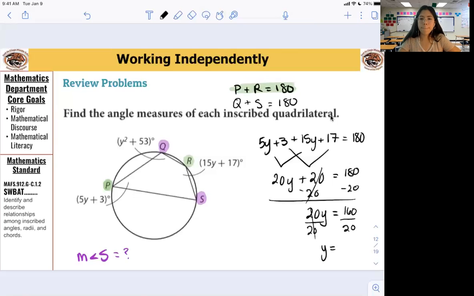What do I get? 8. Just 8, not 80, because the zeros cancel. All right, so y equals 8. Now I'm looking for S, but before I find S, what do I have to figure out?